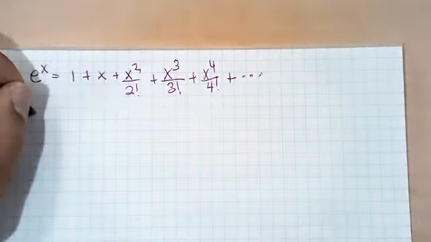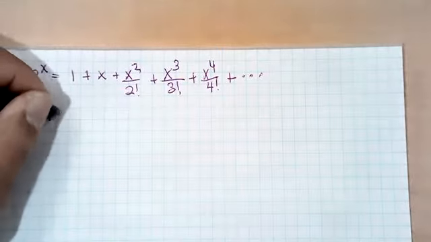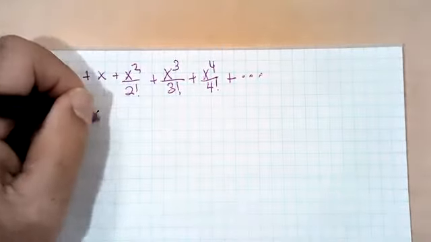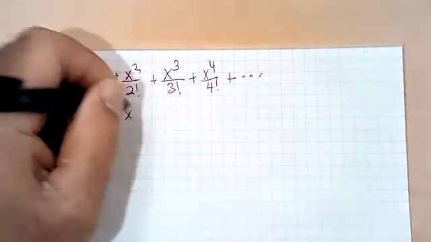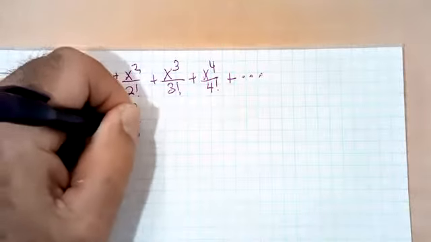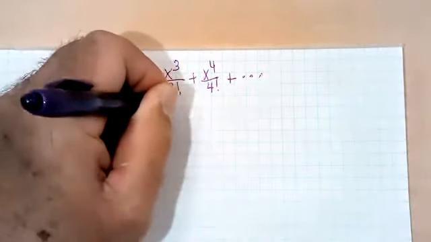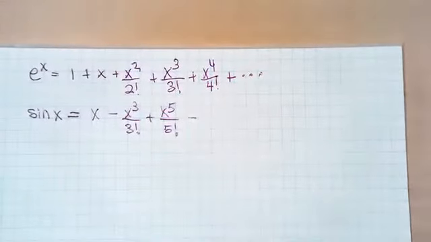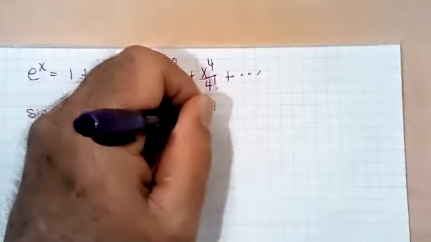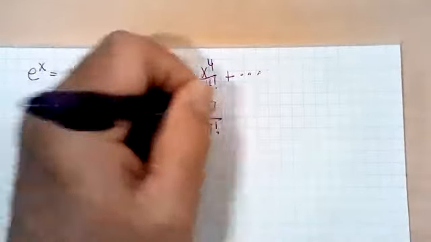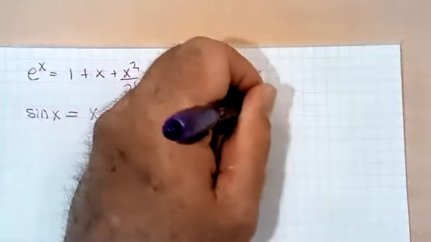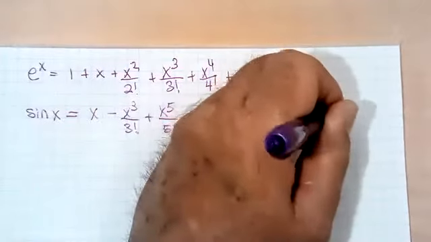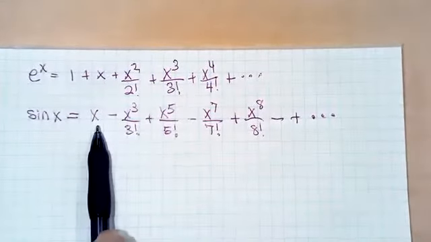From calculus 2, the sine of x turns out to be x minus x cubed over 3 factorial plus x to the 5th over 5 factorial minus x to the 7th over 7 factorial plus, etc. This pattern just goes on.